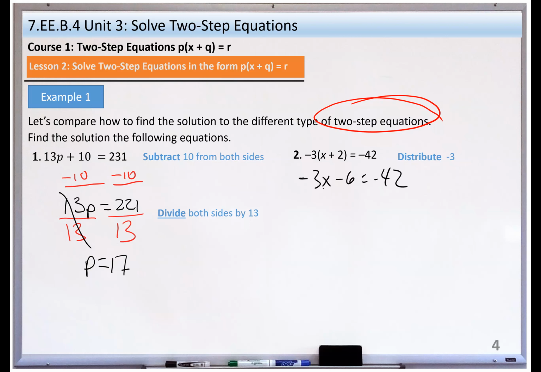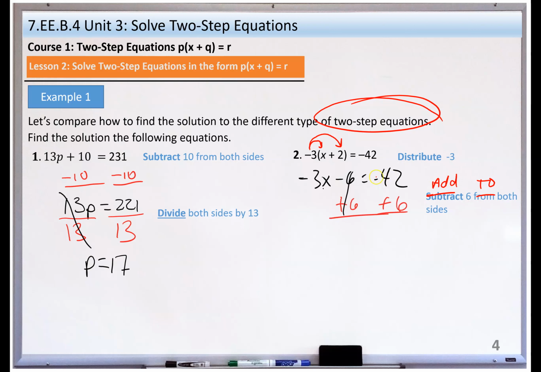So negative 3 times x, negative 3x, and negative 3 times 2, negative 6. Now we can, shouldn't be subtract, that should be add 6. We can add 6 to both sides.